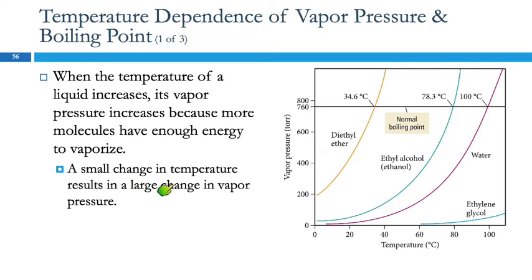We can have a small change in temperature resulting in a large change in vapor pressure, where this gets kind of steep up here. Why is that? Well, more particles have enough energy to go into the gas state. This will affect the boiling point.